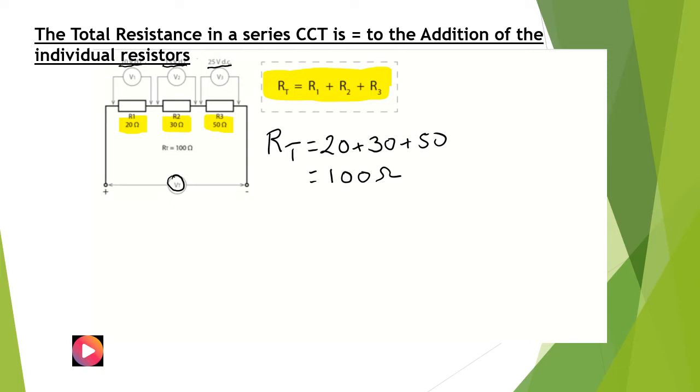100 ohms. And therefore we could really quite simply simplify this circuit, and it's important that you do it kind of like this, at 100 ohms applied to VT.